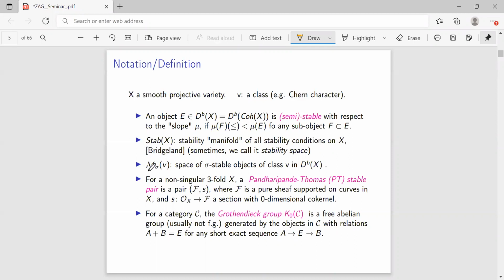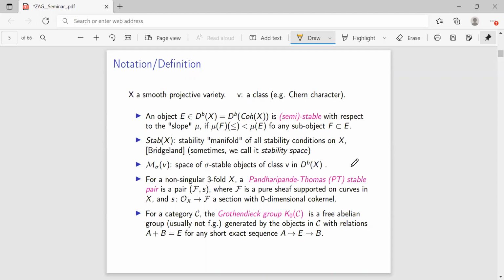We also denote by Stab(X) the space of all stability conditions, if you assume that it exists. And Tom Bridgeland showed that this is a complex manifold, and sometimes we call this the stability space. We are talking about Bridgeland stable objects here. And we denote by M_σ(v) the space of all σ-stable objects of class v in the derived category.